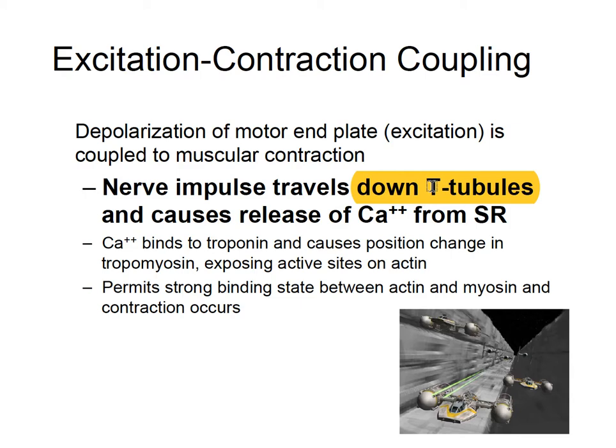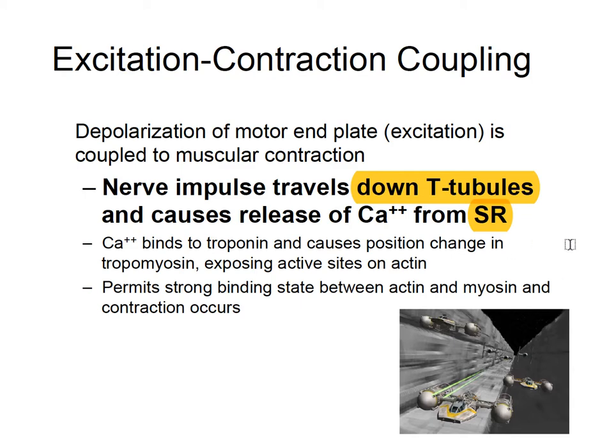It travels down these transverse tubules, and somehow, it's not completely understood, opens up channels that allow calcium to be released from the SR. The SR stands for the sarcoplasmic reticulum. And once that calcium can be released, and then these second and third bullet points are what we previously talked about.